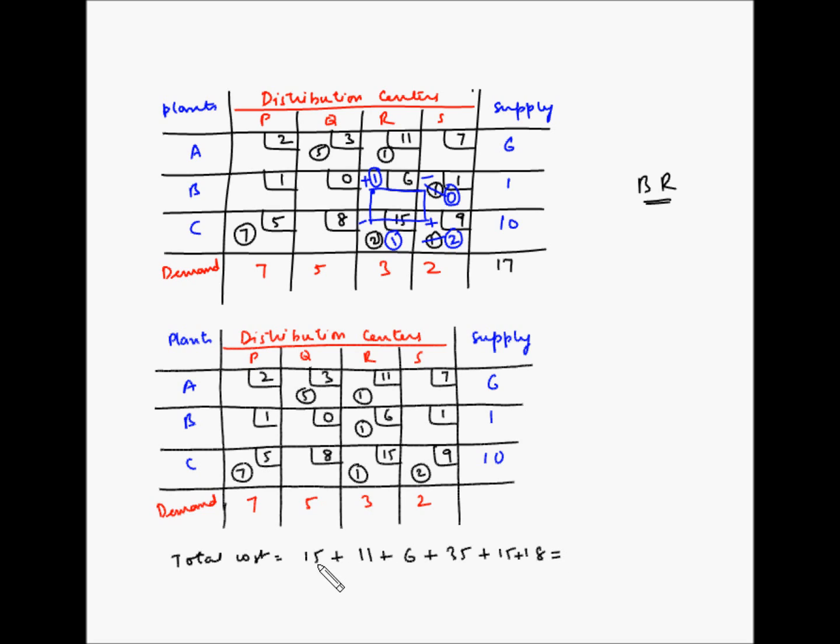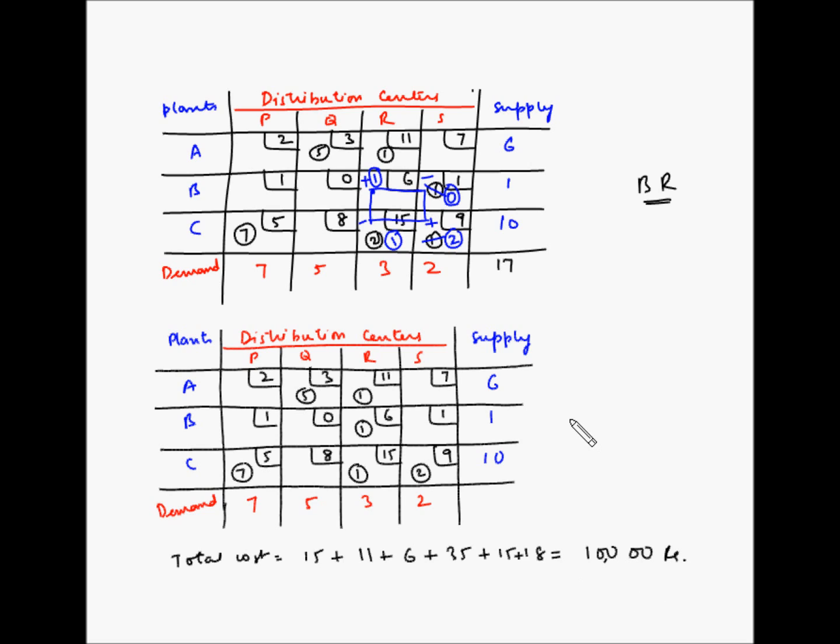So this is equal to 15 plus 11 is 26, 26 plus 6 is 32, 32 plus 35 is 67, 67 plus 15 is 82, and 82 plus 18 is 100. And since the unit cost is in hundreds, we'll multiply this by 100. So our total cost is 10,000 rupees.